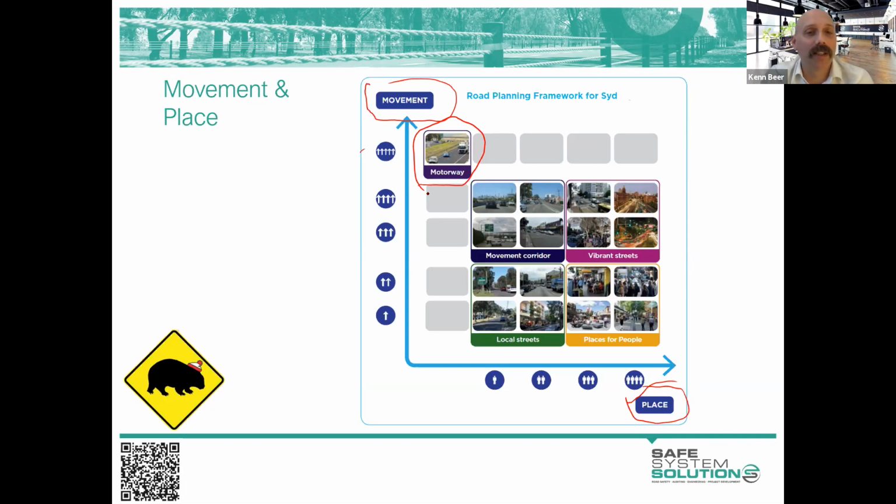So in a similar sense, it's a movement corridor. Down the other extreme, if we've got something that's very much just a place, this is where we're talking about a mall or an area where it's full of activity and trading and people interacting and socializing and those sorts of things.